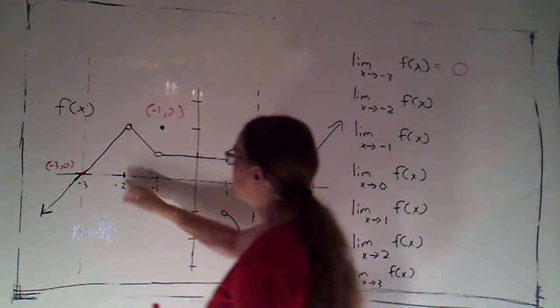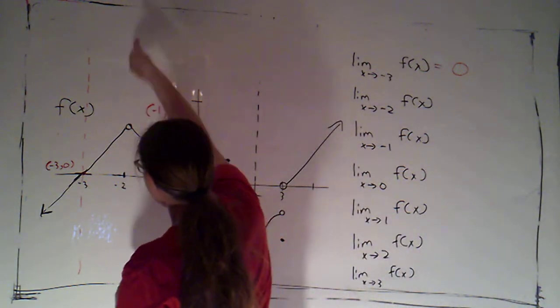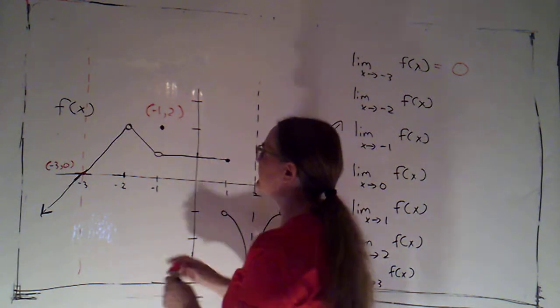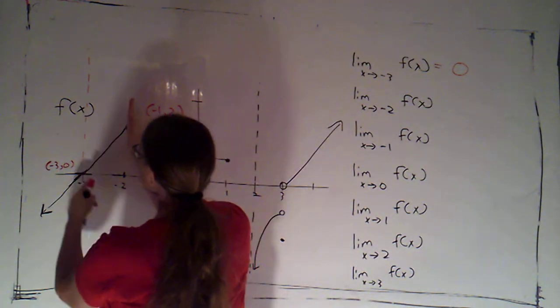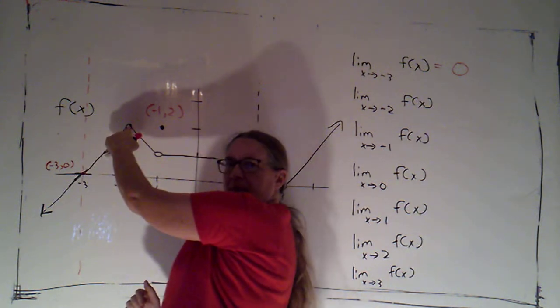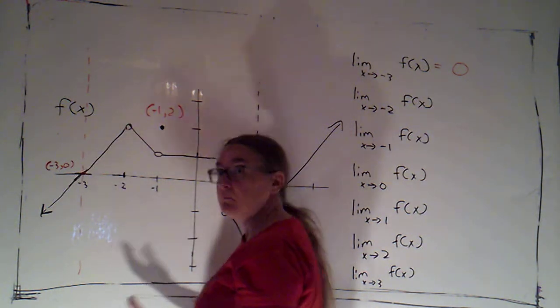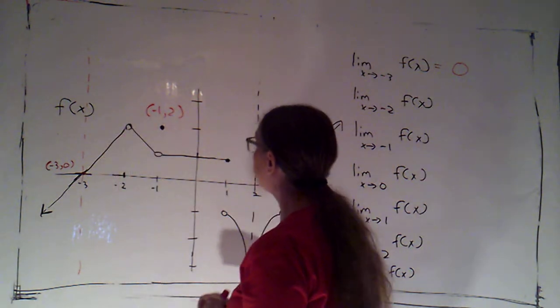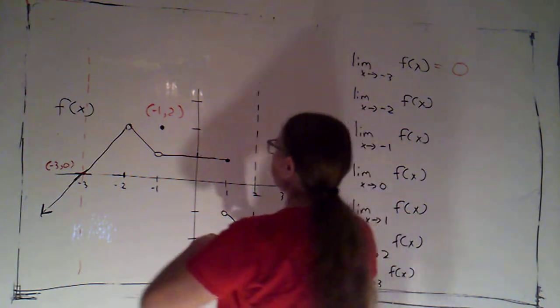All right, let's look at the limit as we approach -2. So -2 is here. Of course, I'm going to look above and below, and I see that the graph is up here. It's above the x-axis here. Now, approaching -2, coming in from the left, I'm expecting there to be a point there. There isn't, there's a hole, but I expect there to be a point up here at a height of 2. Oh, I probably should have labeled my y-axis.